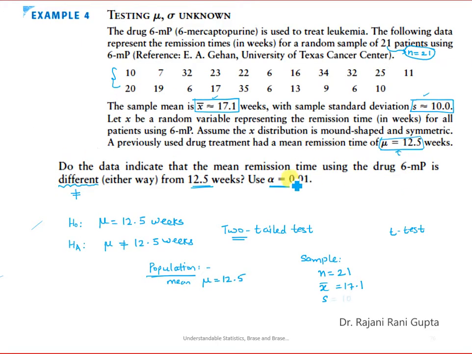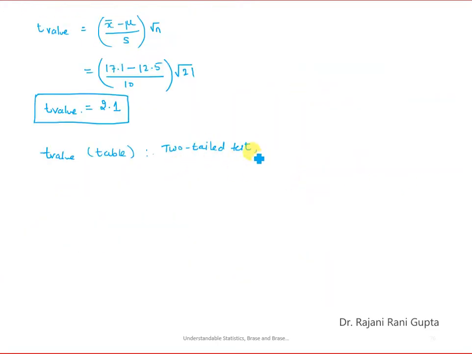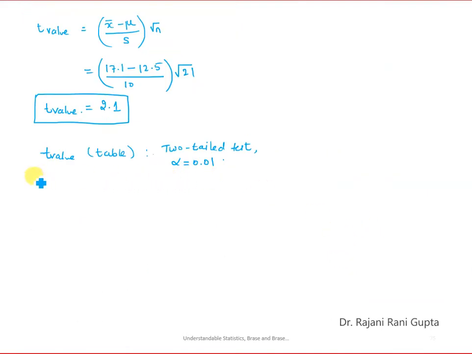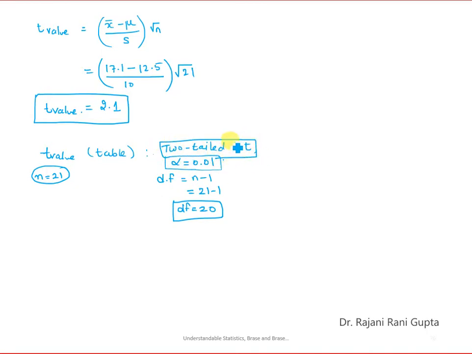We need alpha, which is 0.01 or 1%, and then we have n as 21. To use the t table, we need the degrees of freedom, which is always n minus 1, which is 21 minus 1. So we have df as 20. So now we consider these three quantities to get the t value from the table.